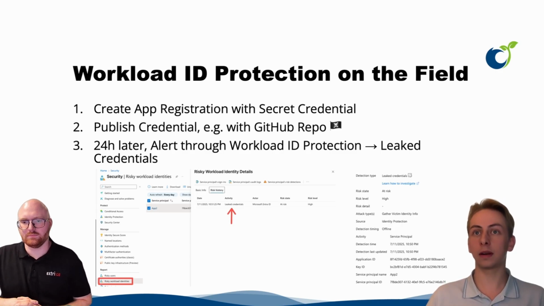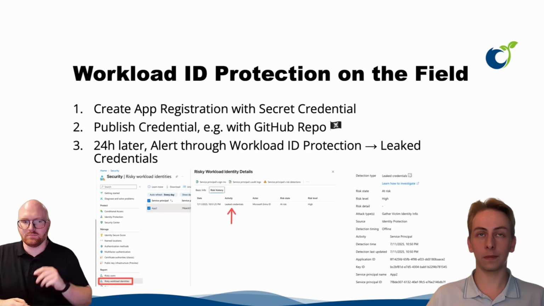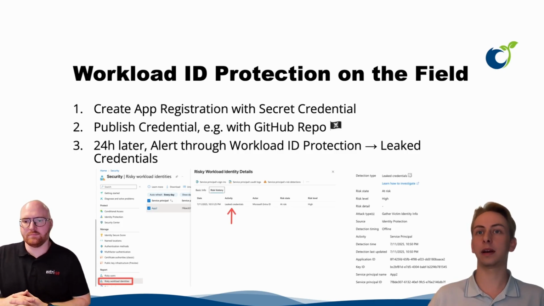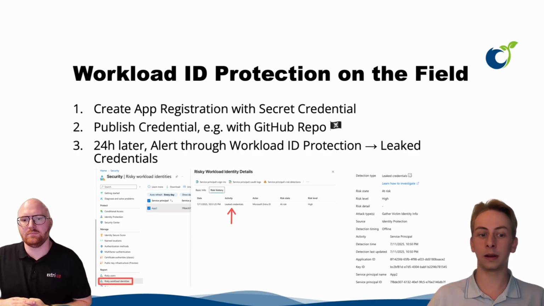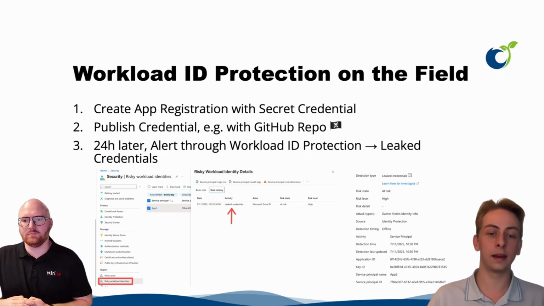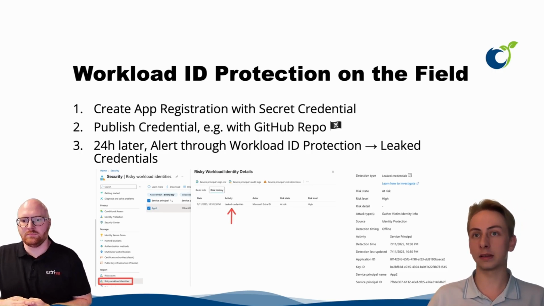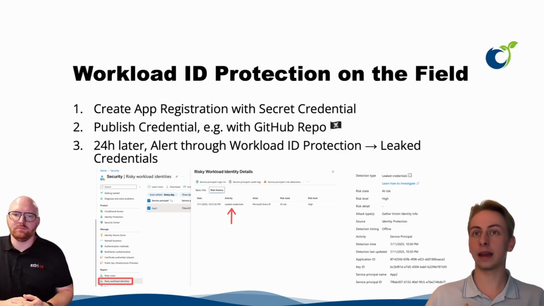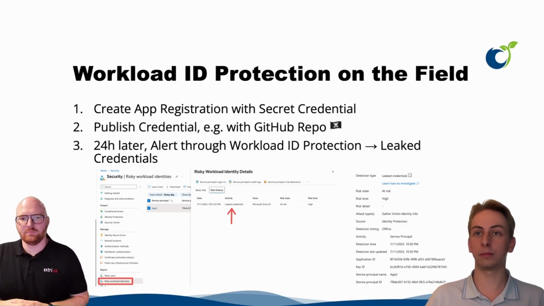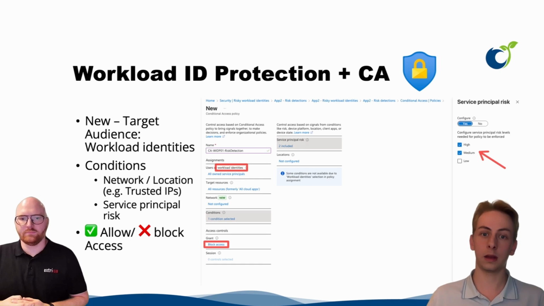So meaning everyone, including attackers, could access that secret and gain some access to my tenant. Now, after exposing that secret, 24 hours later, I got an alert through Microsoft Entra ID, and it detected it indeed as risky workload identity and found out that the credentials had been leaked. So that's actually one of the features that Workload ID Protection does very, very good.